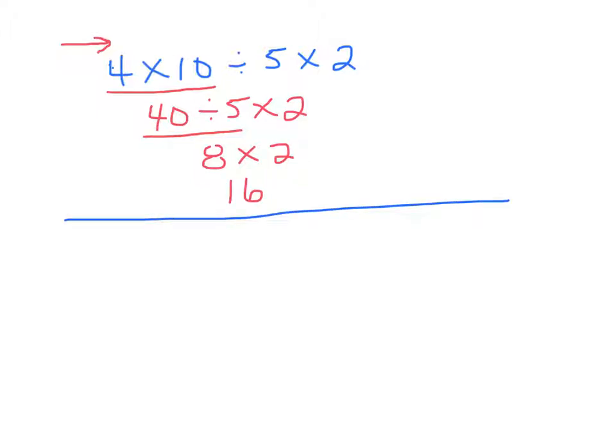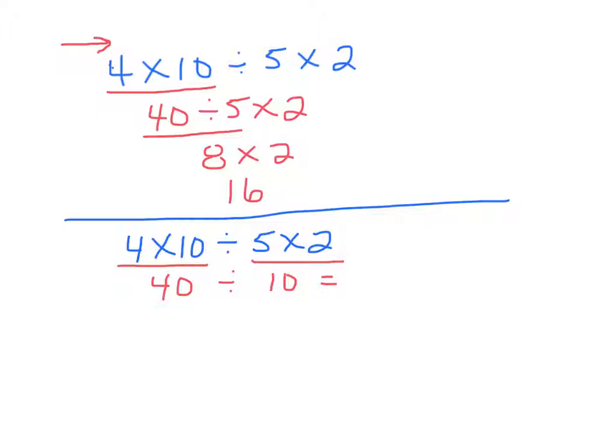What many people mistakenly do with this problem, hopefully you did not do that, is take a look at this and say, well, I see the multiplication here and here. So I'm going to multiply first 40 divided by 10, and I am going to get 4 for an answer. That's not the correct answer because it's not following the please excuse my dear Aunt Sally rules.